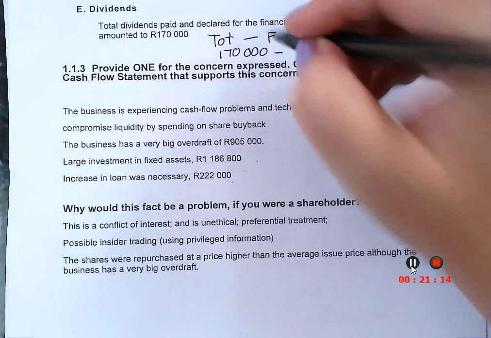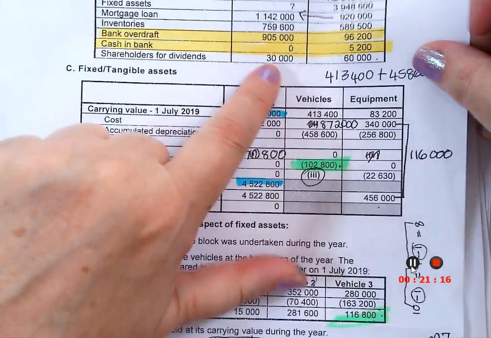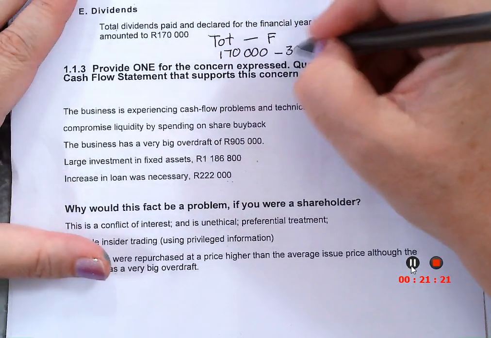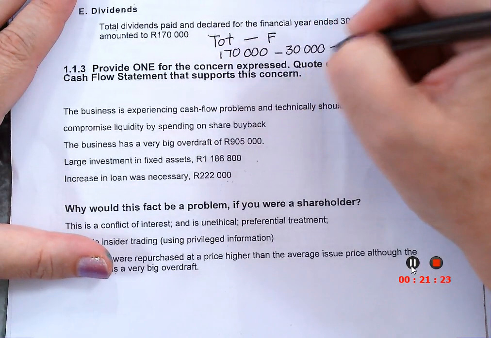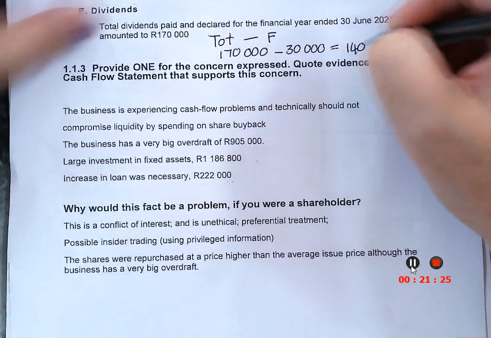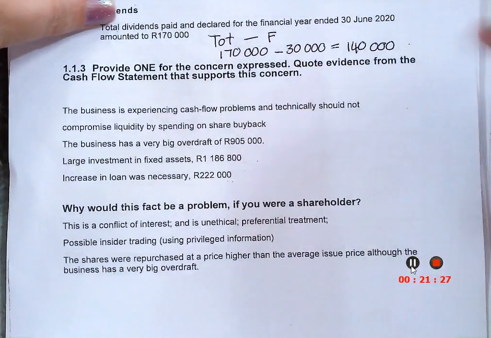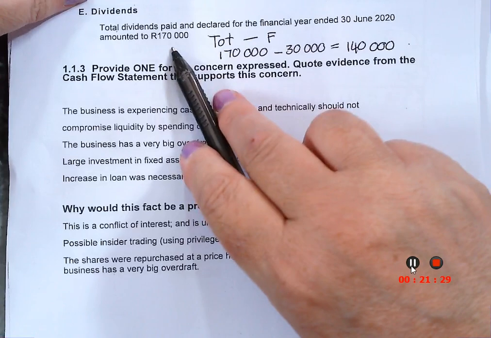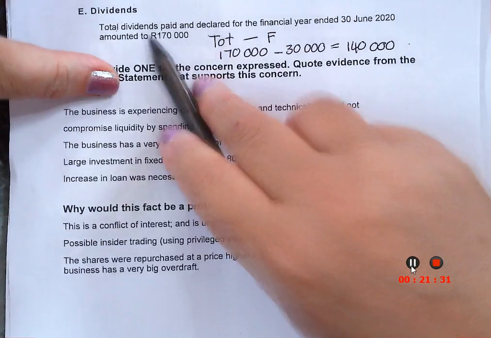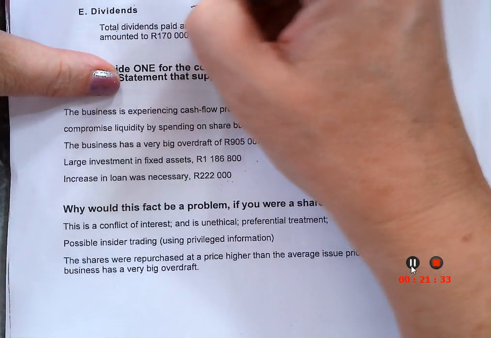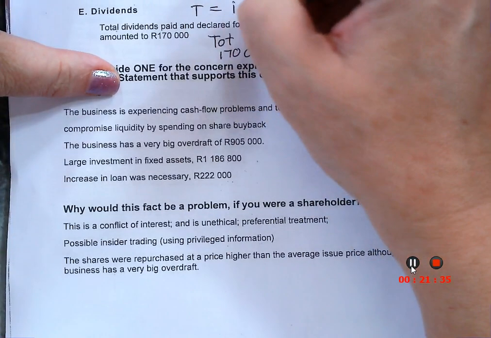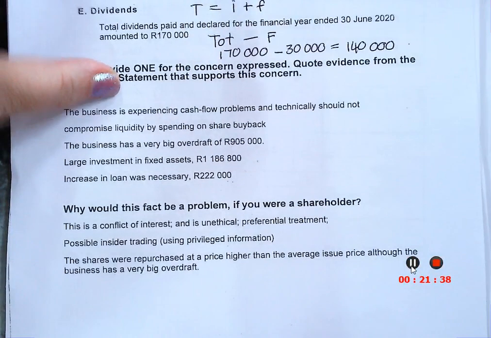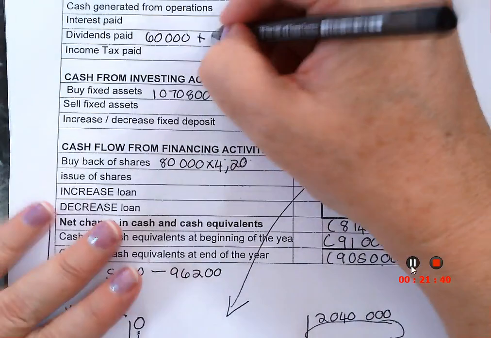The final, I go to my shareholders, 30,000. And now I see the interim is 140,000. So does the 170 include the one that you didn't pay as well? Yeah. The total dividends equals interim plus final. So I put in the 140.